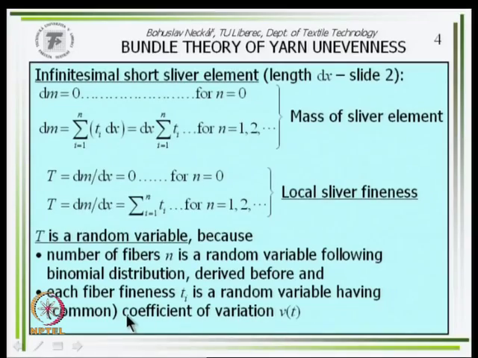T1 has some distribution, T2 has some distribution, and so on. So Ti is also a random variable, nevertheless from the same material, having the common coefficient of variation Vt. Therefore, from 2 points of view, because n is random and each Ti is a random quantity, also the local fineness of the sliver must be a random quantity.